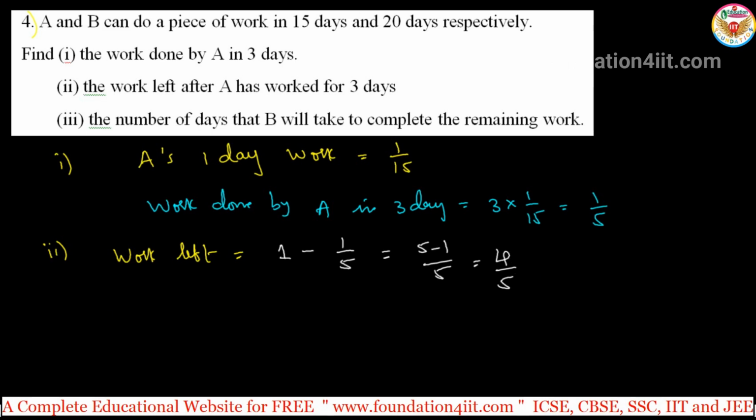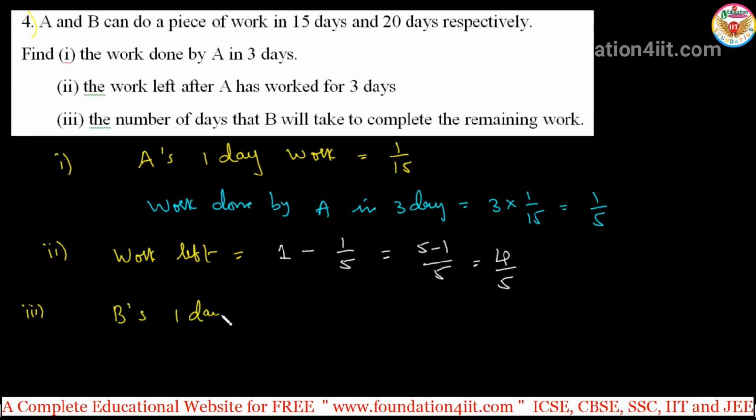Now, question number 3: the number of days that B will take to complete the remaining work. The remaining work is 4 by 5. How many days will B take?